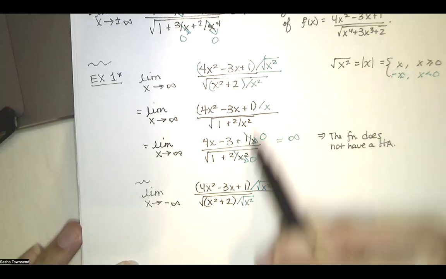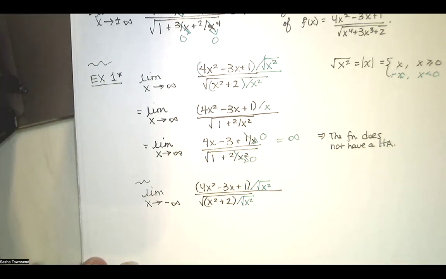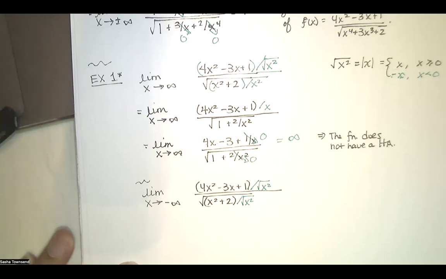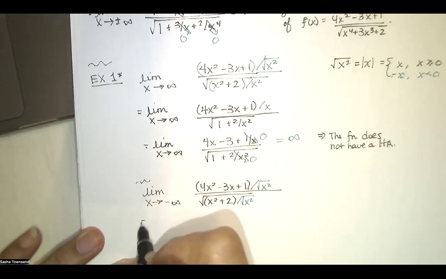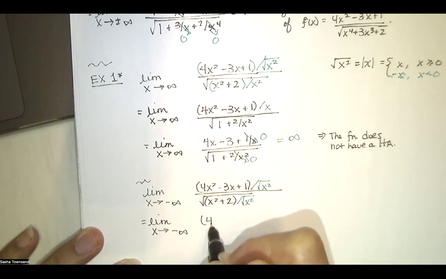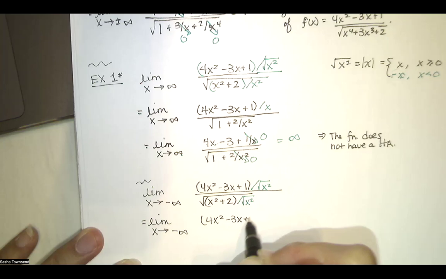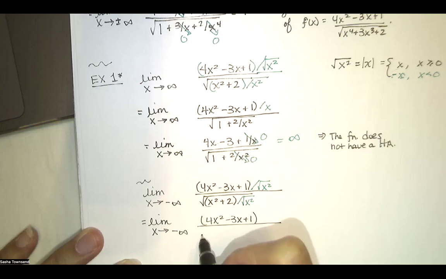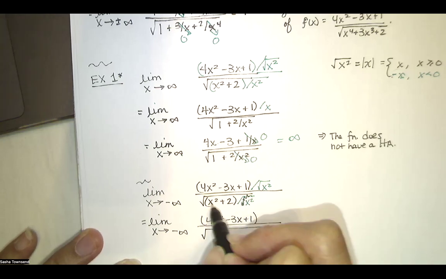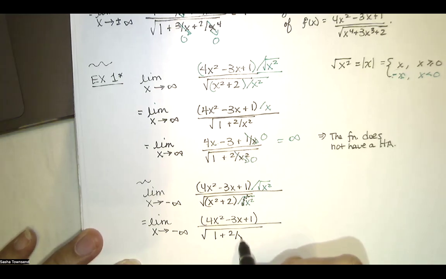So we're doing the same thing that we did before, but we have to remember that when we simplify this expression, we're actually dividing by -x. And in the denominator, we're dividing by x squared term by term, just as before.